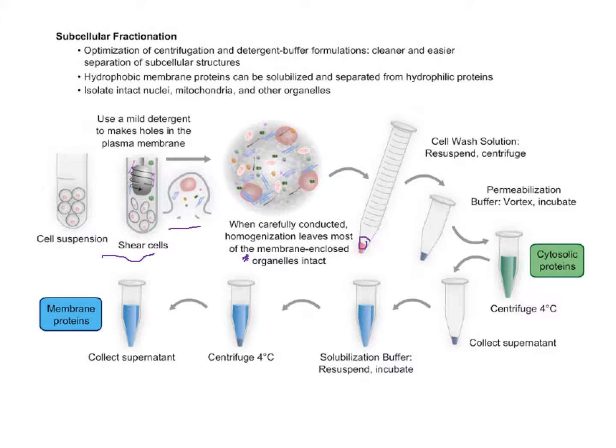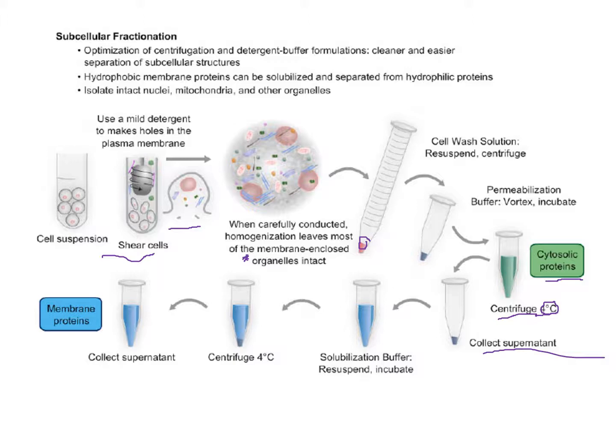We can then permeabilize, add buffer, vortex, and separate cytoplasmic or cytosolic proteins, and we can collect the supernatant. By the way, we do a lot of centrifugation at 4 degrees. When in doubt, chill out. That maintains the structure and keeps proteins from being broken apart.